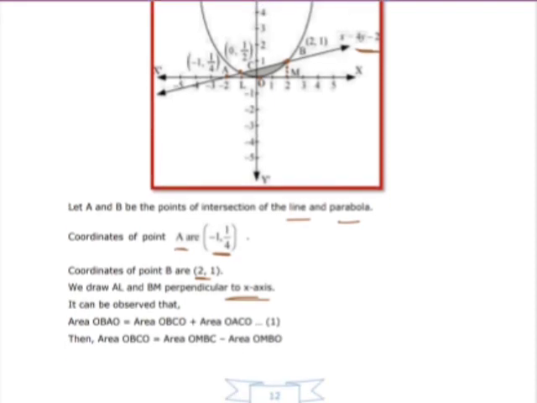So it can be observed that the area OBAO equals the area OBCO plus the area OACO. Take it as equation 1. Now the area OBCO equals the area OMBC minus the area OMBO.